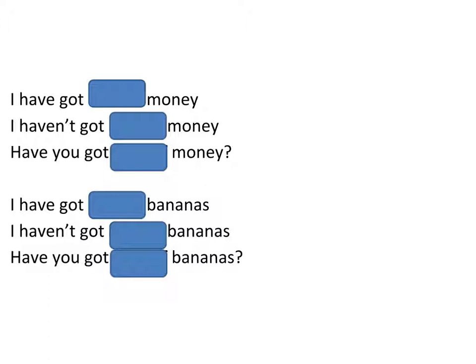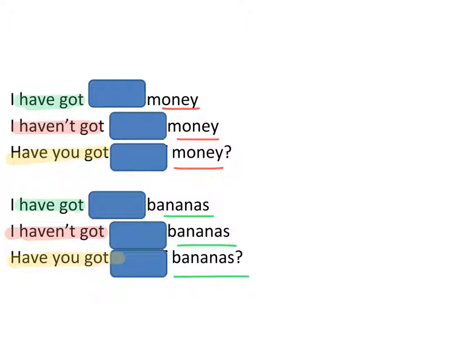Look at these sentences. Here we have examples of affirmative, negative, and questions. We also have uncountable and countable nouns.